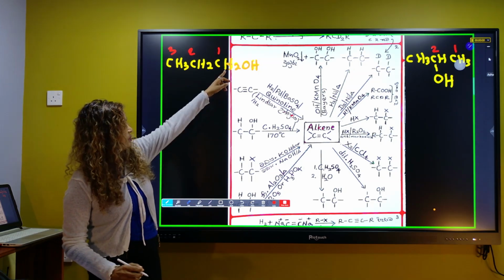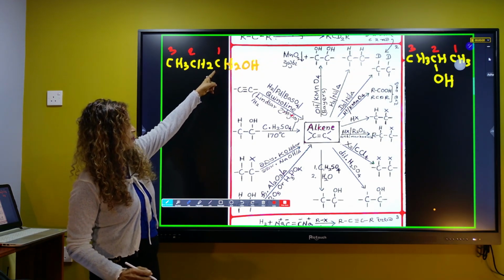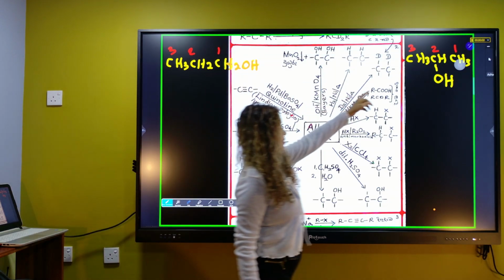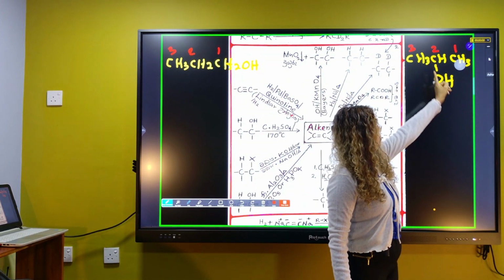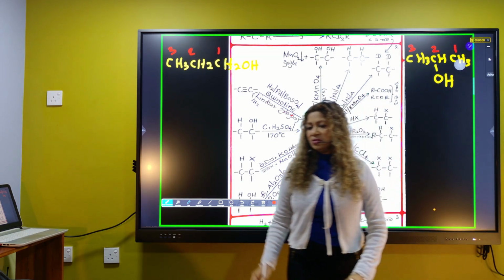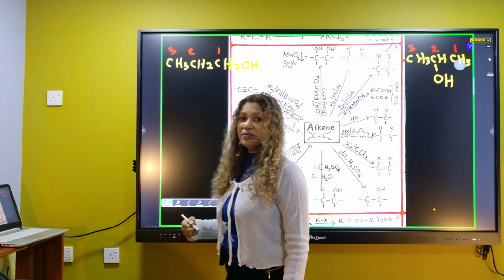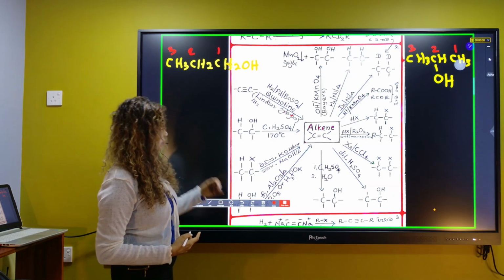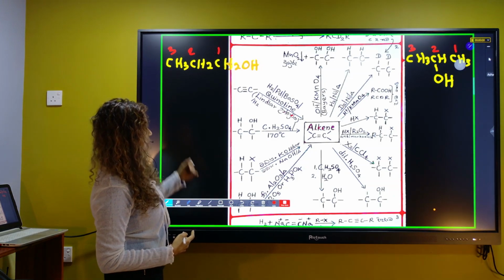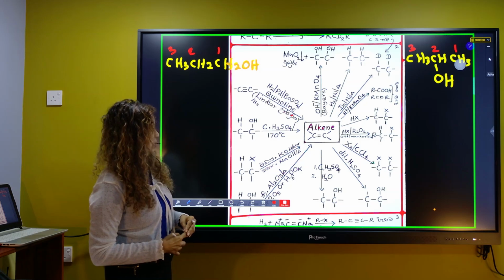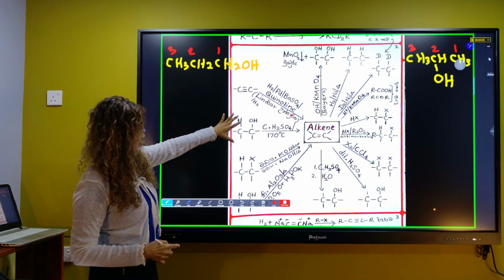Here the OH group is on the first carbon, and here the OH group is on the second carbon. I don't want this OH on my first carbon, so I will need to remove it. I'm going to find a reaction to remove OH. How will you do that? Here I have it. See this one.